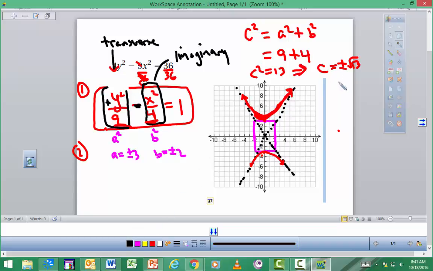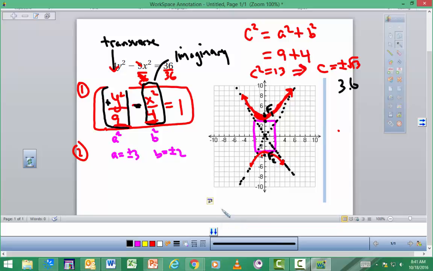So the focus would be right about here. It's pretty close to where the vertex would have been. The vertex would have been right here, and if I would have drawn it better, it wouldn't look so awful. But anyhow, the focus points are basically right here, F1, F2.